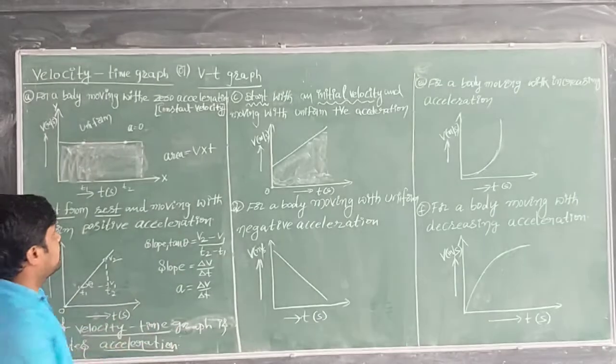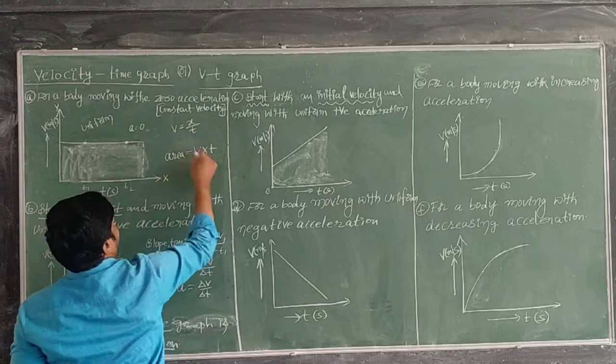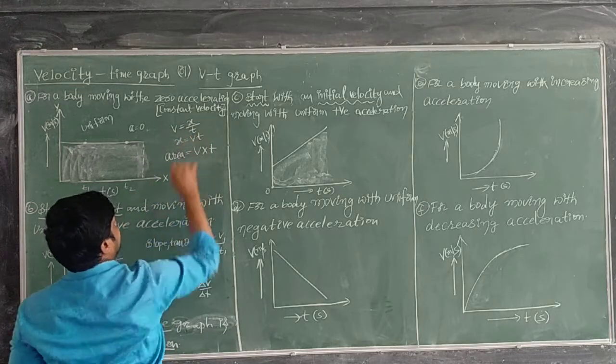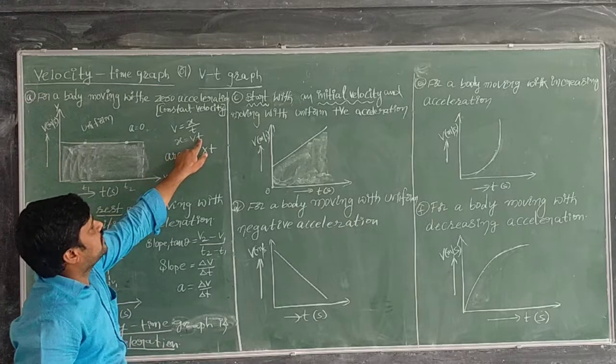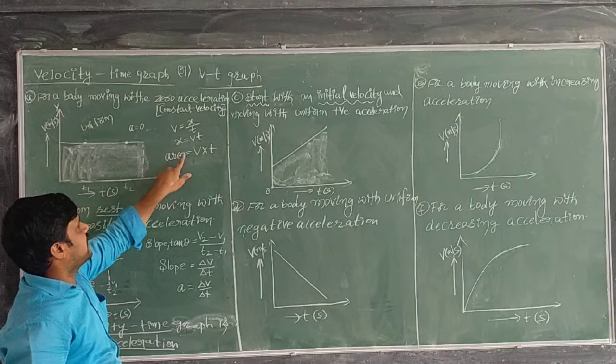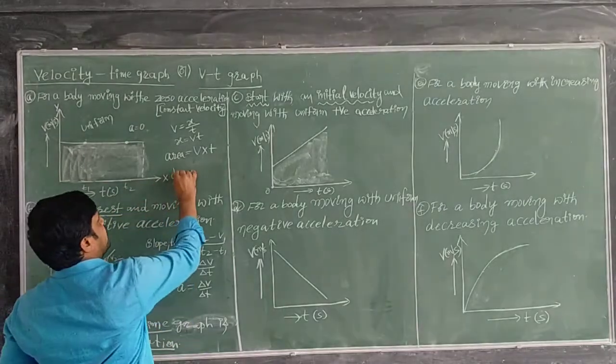We know that velocity equals displacement by time. From this, displacement x equals Vt. That means velocity into time is nothing but displacement. So the area under the velocity time graph indicates displacement.